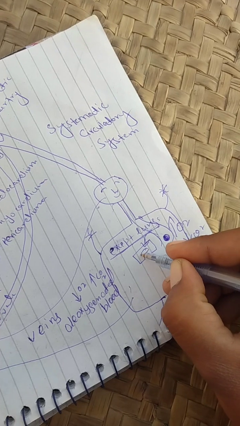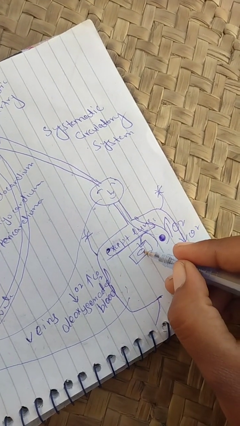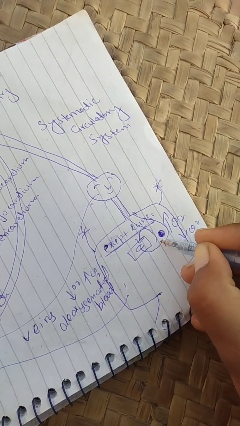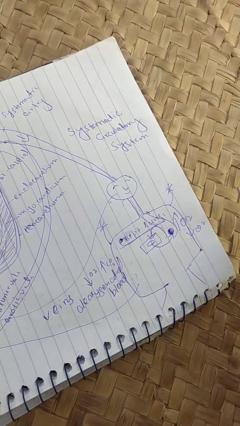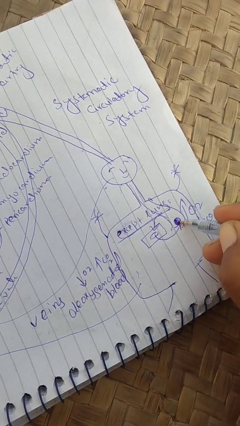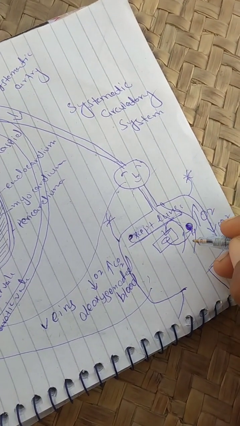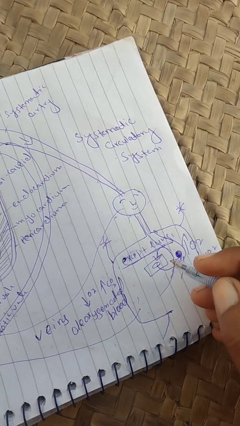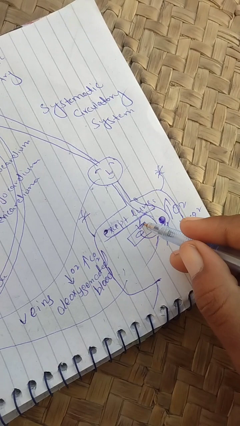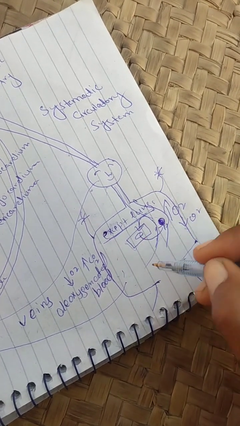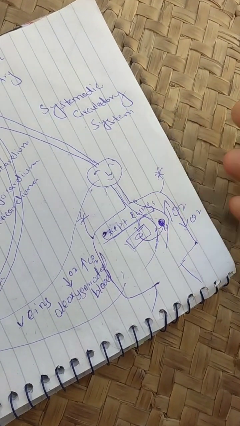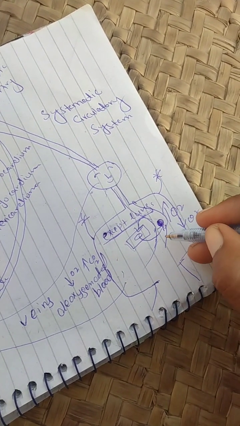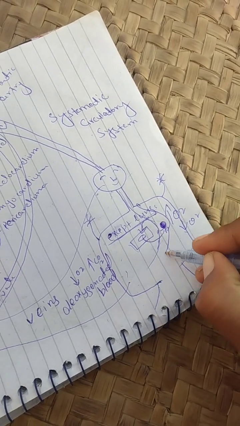Here oxygen concentration is low and carbon dioxide concentration is high, so carbon dioxide moves from higher concentration to lower concentration into the artery. Now the blood becomes deoxygenated, because the cells remove waste materials and carbon dioxide enters the blood.